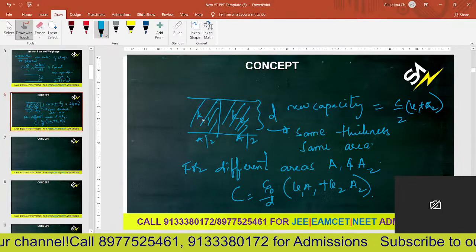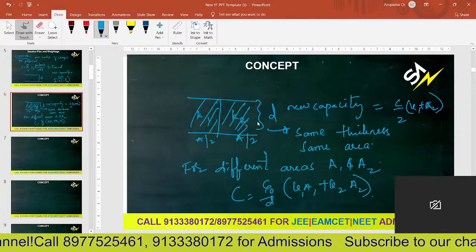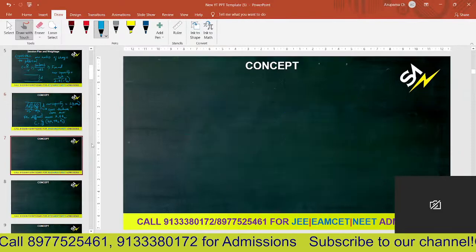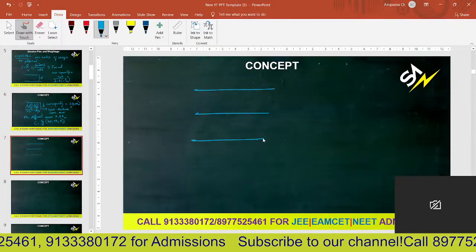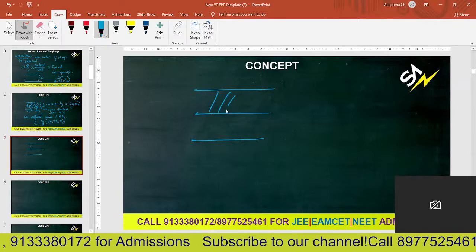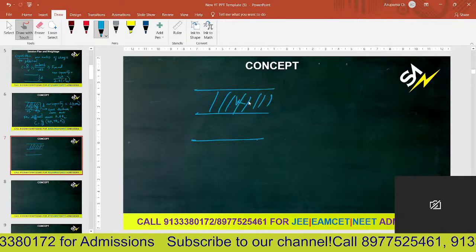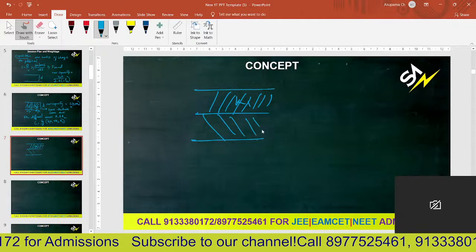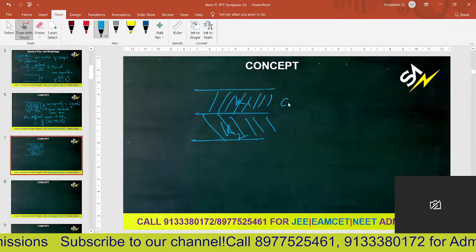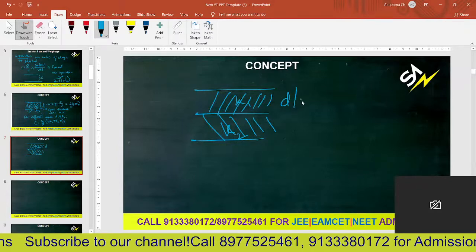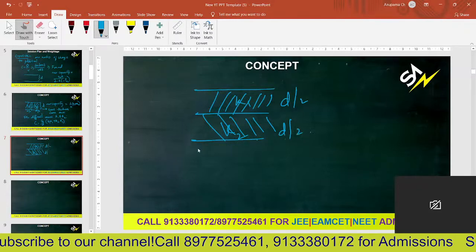Now we are dividing d and taking K1 and K2. If you see the diagram, you'll come to know. Here one slab I am placing, this is K1, another slab which is K2, and this is d by 2 and this is d by 2. Area is the same.